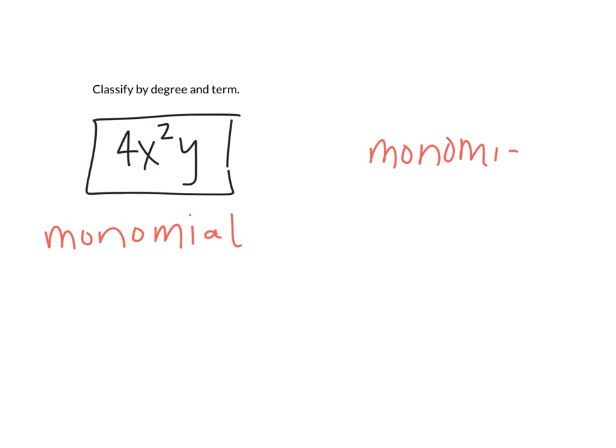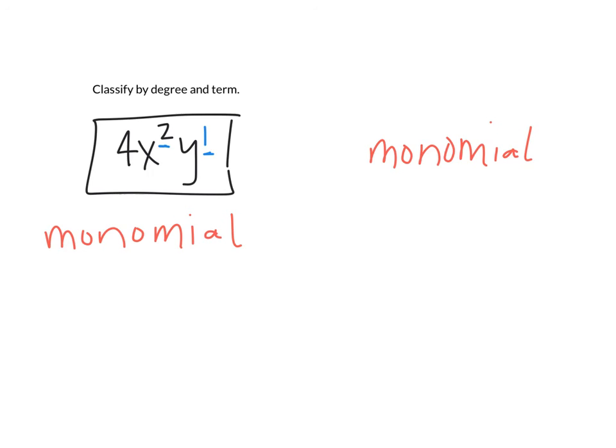But we have some exponents. We have a 2, and then we have the mystery 1. Is this a second degree, which would make it a quadratic because of the 2? Or is it something else?